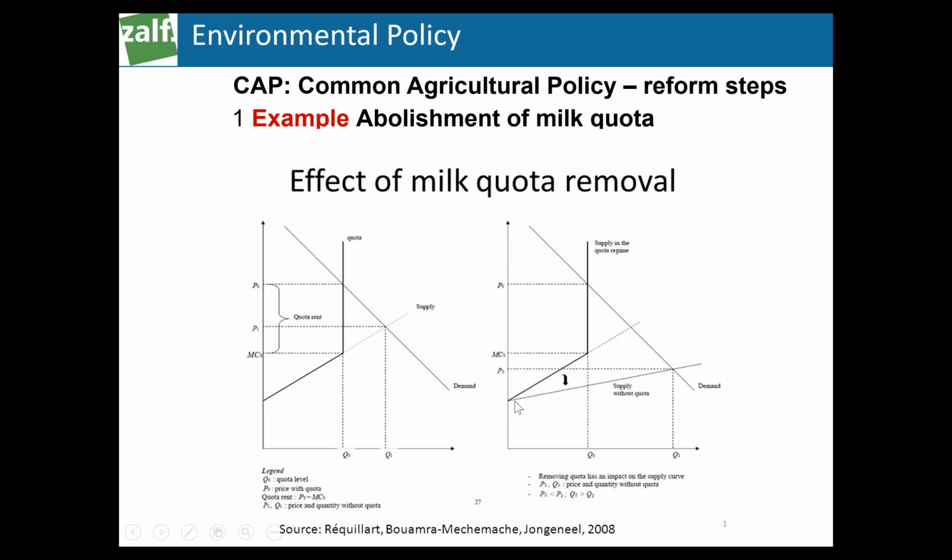That means if we abolish the quota, we had an immense increase in terms of technological progress, but also an immense increase of the total production, because the farmers tend to compensate their losses in terms of reduced prices, and they enlarge it dramatically. And this phase is really the structural change in the milk production.